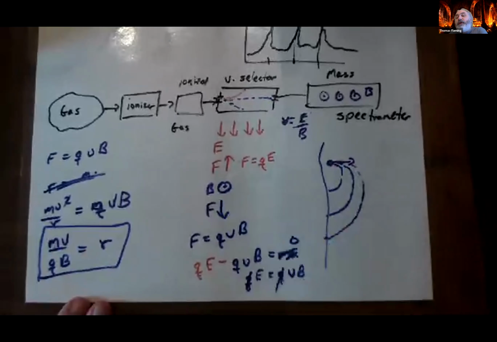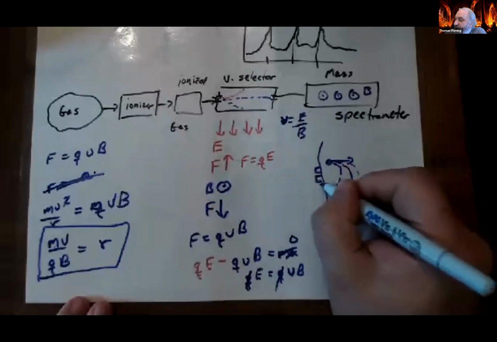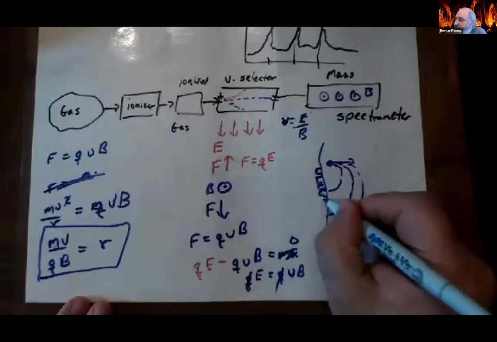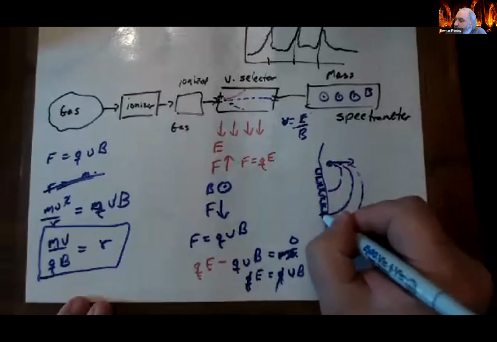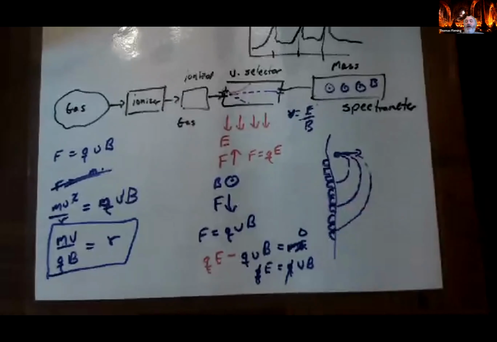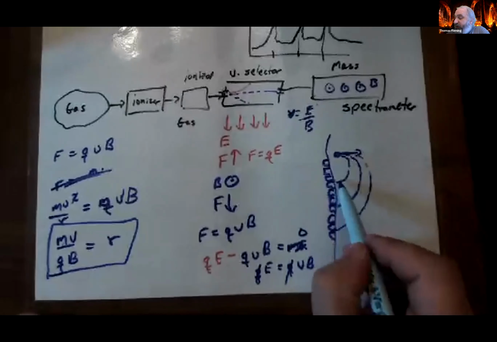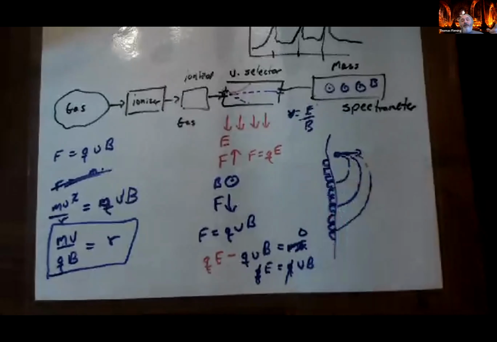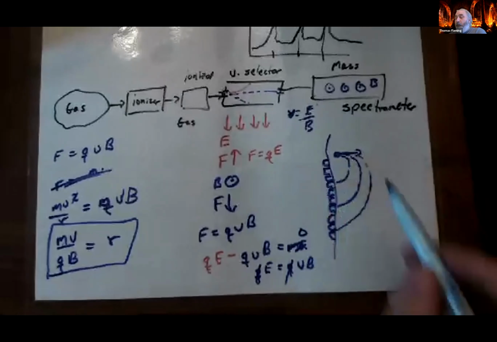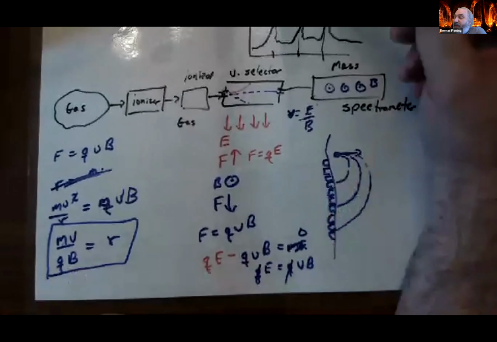And so what you do in a mass spec is you've got little detectors, and you put those detectors at varying distances from your entrance. And what you measure at each of those detectors is the current, because you got a certain amount of charge hitting that spot. If you measure how much charge per time, that's going to tell you how many particles you've got. So more current means more particles. And that's what these peaks are doing.